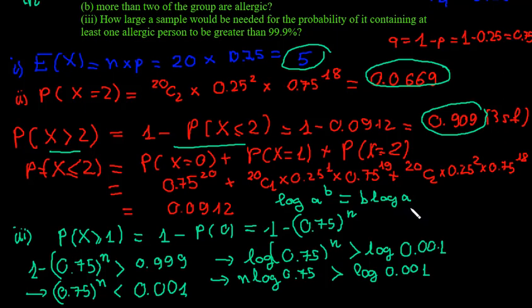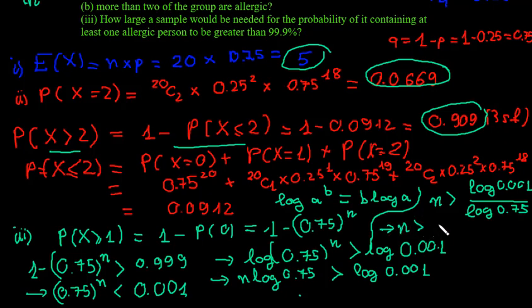So now I can solve this so that n would be greater than log of 0.001 over log of 0.75. We can use a calculator to calculate this number. n is greater than 24.01.